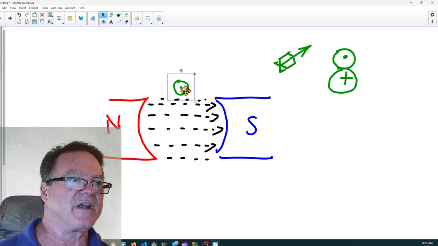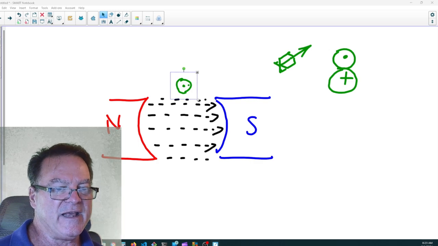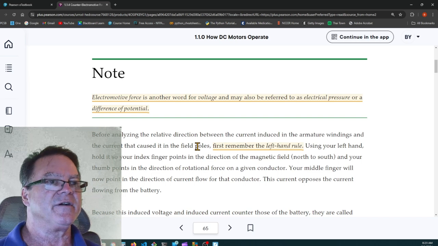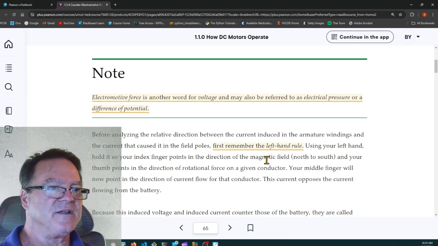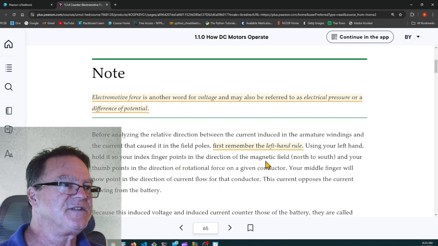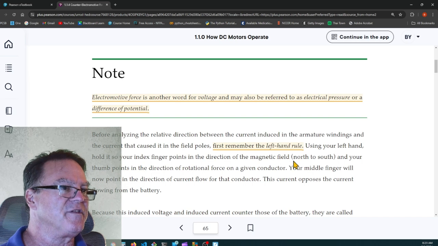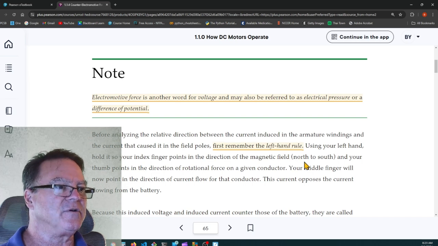It goes into the board, it comes out of the board. But in explaining that, what we're saying is that the motor is acting like a generator. It's actually generating its own separate voltage and current, and it's 180 degrees out of phase with the driving voltage, so it's counter electromotive force.